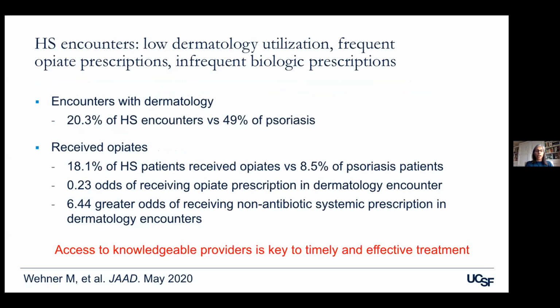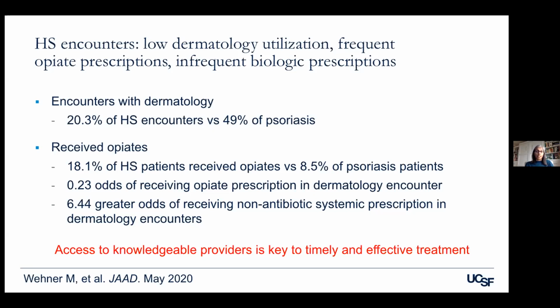And almost 20% of HS patients overall received opiates, but the odds of receiving opiates for pain from dermatology was low, whereas the odds of receiving a non-antibiotic systemic prescription, which includes biologics, but also things like hormonal agents, were quite high if they were seeing a dermatologist. So this really underscores that seeing knowledgeable providers is key to getting the appropriate treatment and impacting the trajectory of disease.